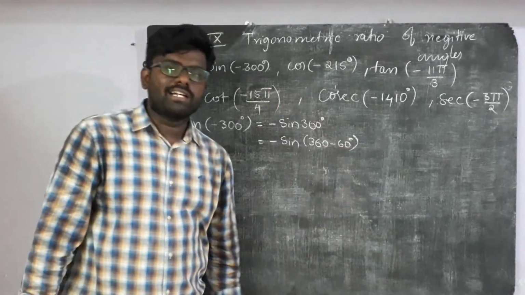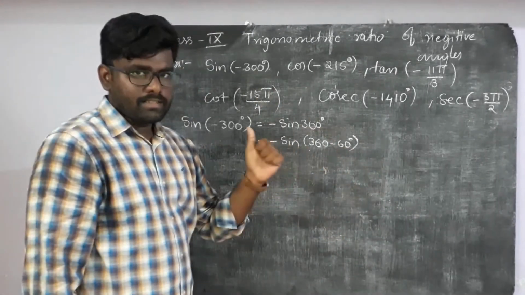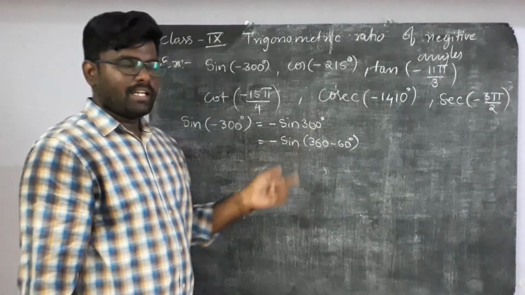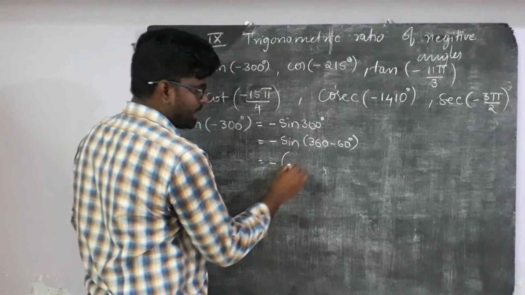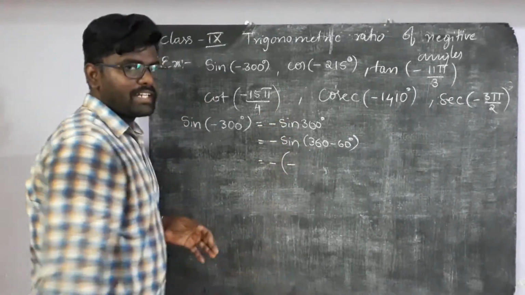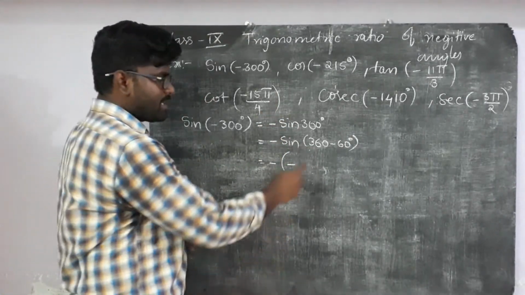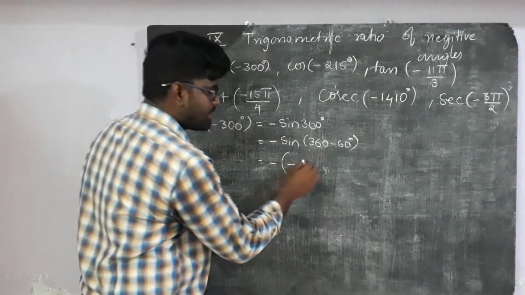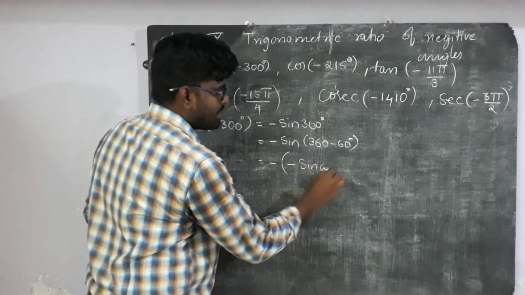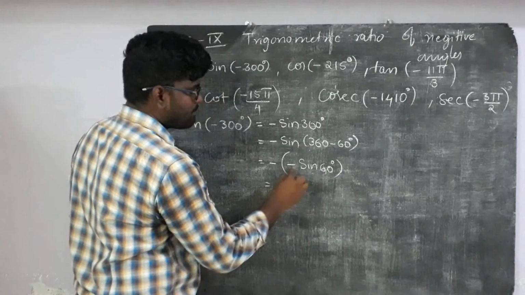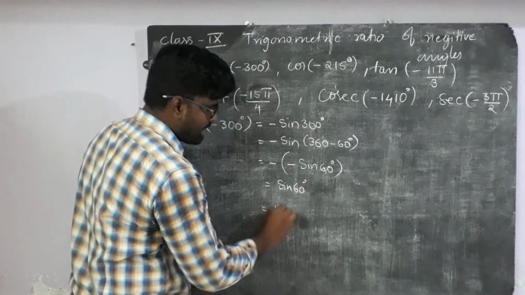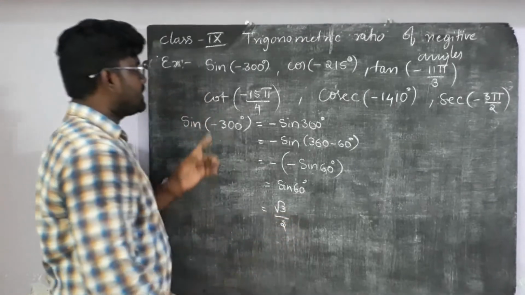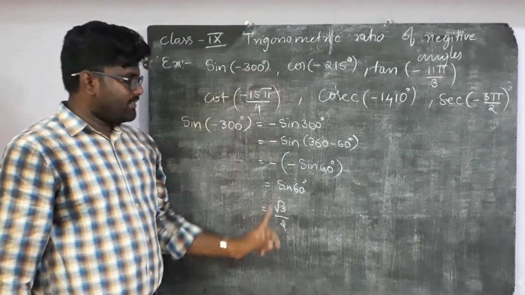Fourth quadrant. In the fourth quadrant, what are positive? Cos and secant are positive, the remaining all are negative. That means already minus is there, and again it is negative. And 360 is an even multiple of 90, so the trigonometric function doesn't change. It means sin 60, that is minus of minus, plus sin 60 we are getting. Sin 60 value is root 3 by 2. That means sin minus 300 degrees value is root 3 by 2.